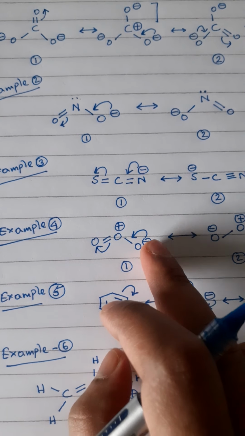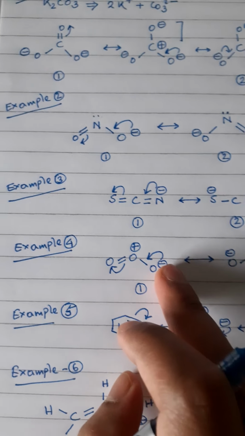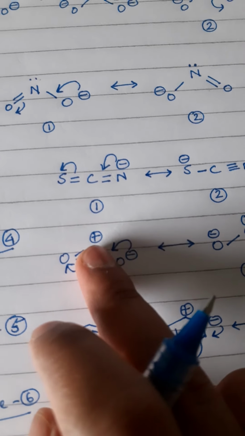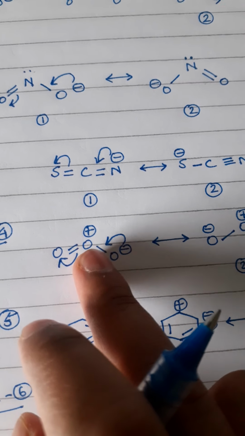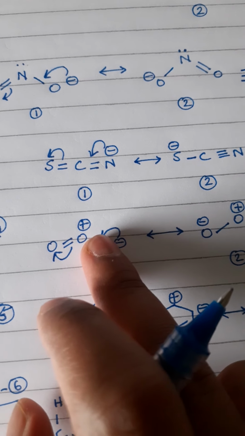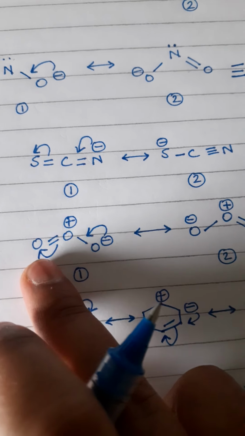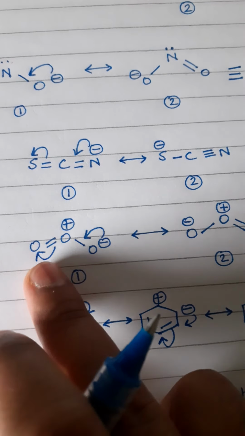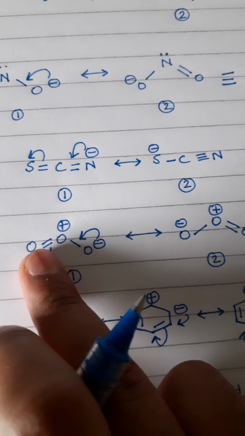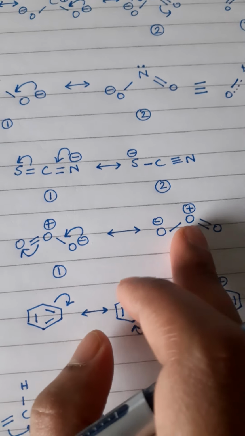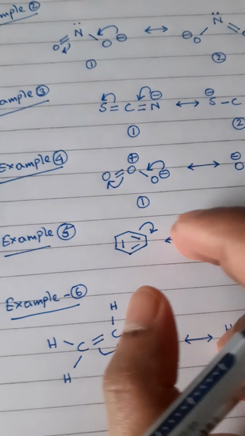This oxygen center is negatively charged because it is a highly electron rich center, and this is a less electron rich center. So this gives the electron to this oxygen center, and this oxygen becomes much more negative because it pulled all this electron towards itself. So now this becomes negatively charged and this becomes a double bond, right? Here I have shown you this way.